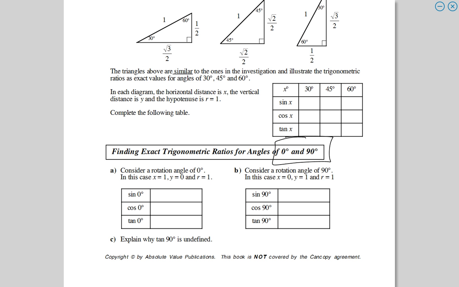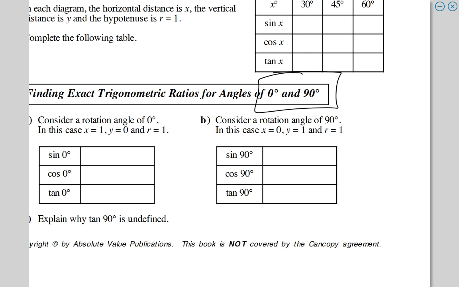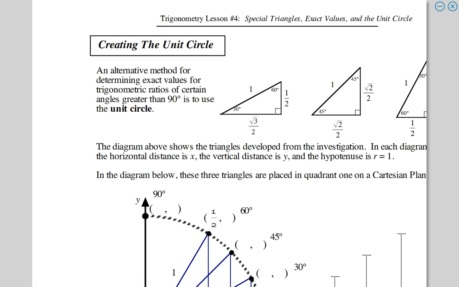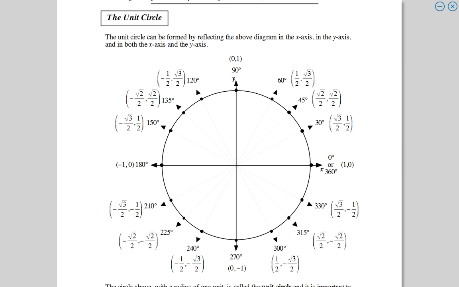I like to use a picture for this. And in fact, let's just stare at the unit circle. Stare at this, please, as we fill in this chart. Okay? And I'll just flip ahead for the video. We're staring at the unit circle.